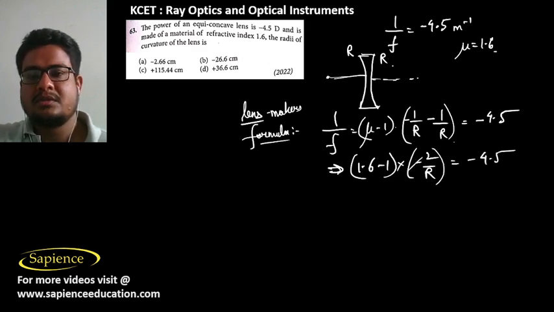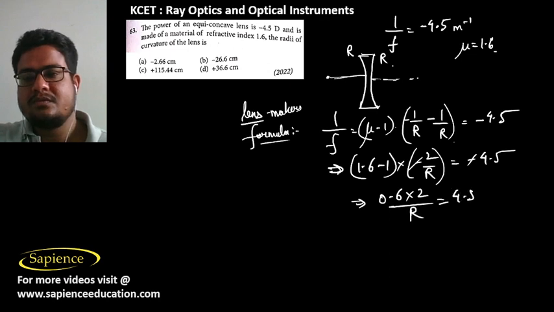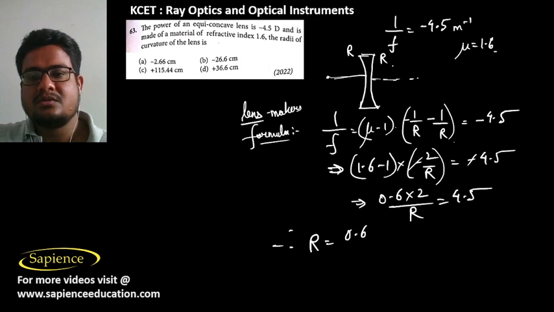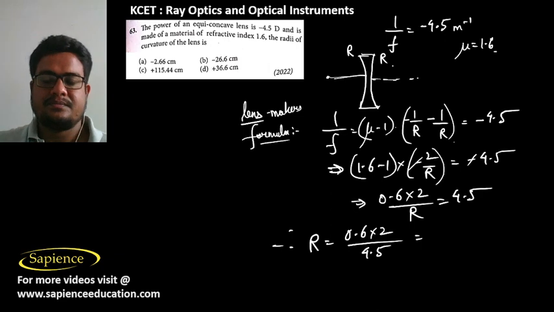So minus minus cancel out. So 1.6 minus 1, that is 0.6, into 2 by r is equal to 4.5. Therefore, the radius of curvature r is equal to 0.6 into 2 divided by 4.5.